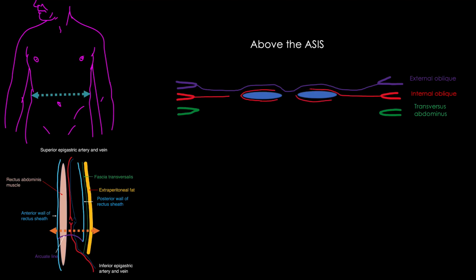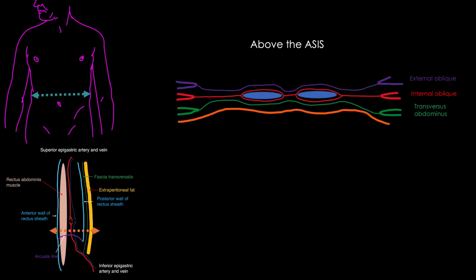See what happens to my internal oblique. The internal oblique muscle wraps around. When it reaches this rectus abdominis muscle, it splits and wraps and then joins. And then the last one, my transversus abdominis, that is going behind. My external oblique is going in front along with the anterior split part of the internal oblique, and then my transversus abdominis and the posterior split part of my internal oblique are going behind my rectus abdominis muscle.